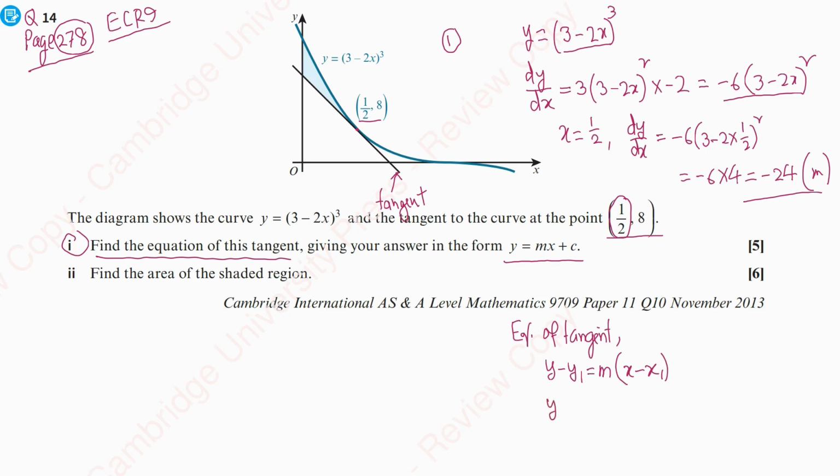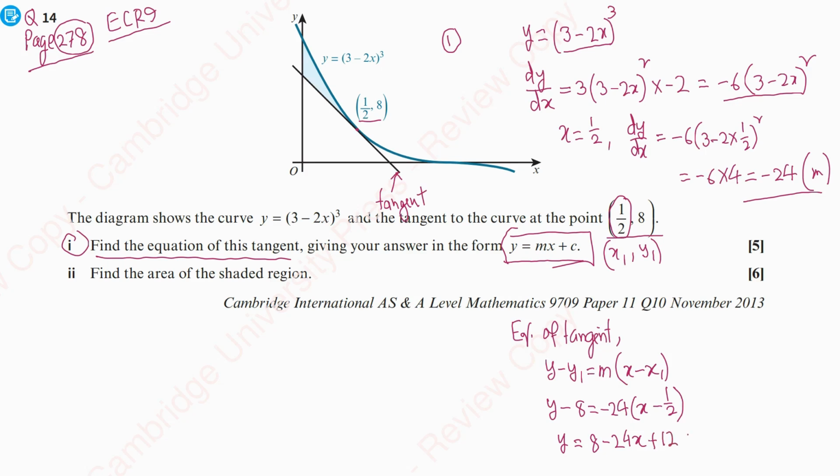since it's a straight line equation, y - y1 = m(x - x1). Here x1 and y1 are the values from the point, so y - 8 = -24(x - 1/2). Since we have to write the equation in the form y = mx + c, we simplify: y = 8 - 24x + 24 × 1/2, which is 12.